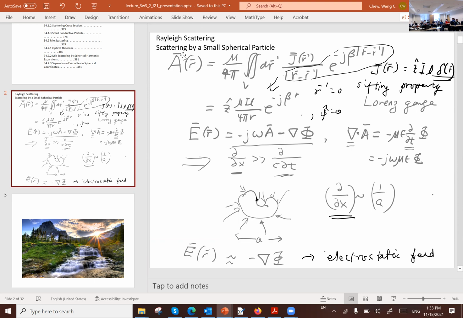Okay, then you can find the vector potential of the Hertzian dipole, and then the electric field is given by this. Because we are in the near field, only one of these two terms is important. What do you think the important term is? It is the scalar potential term.